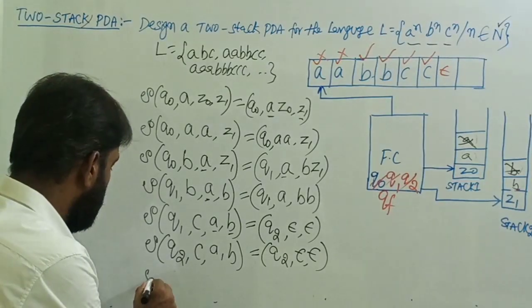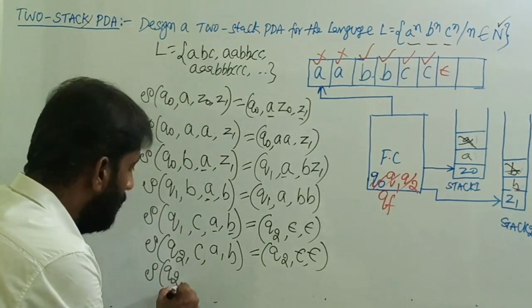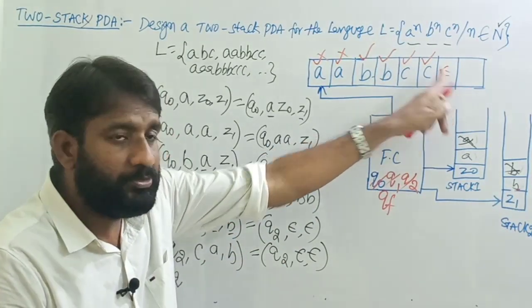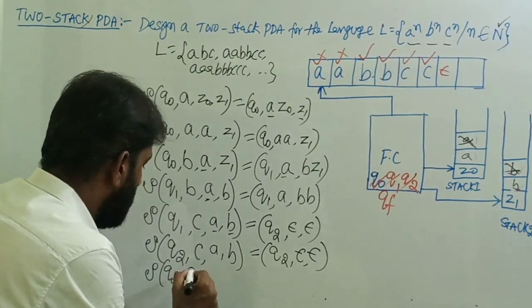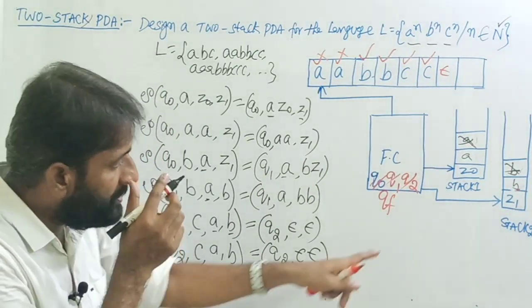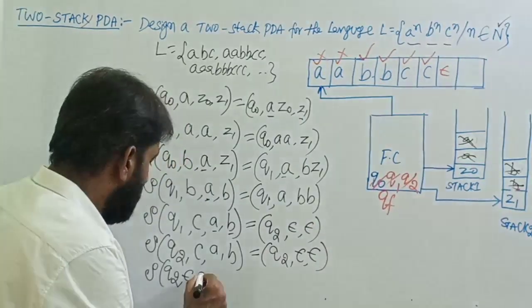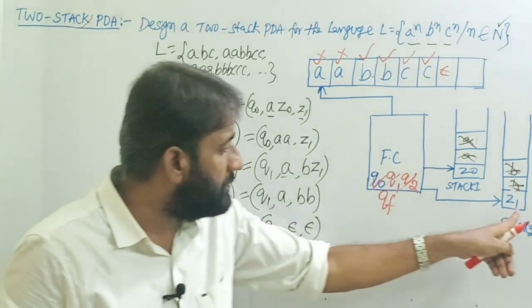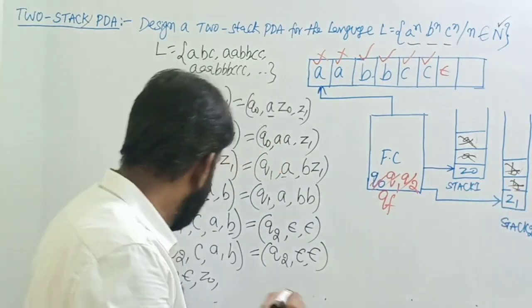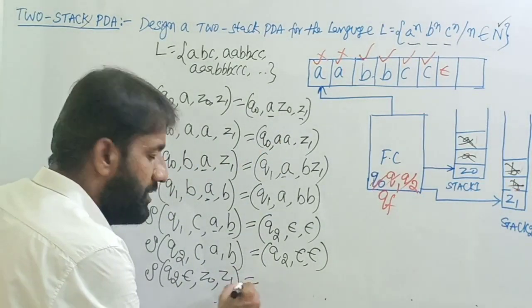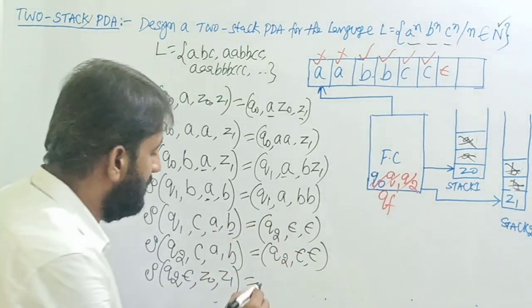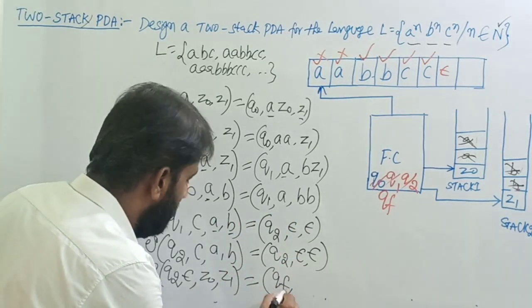Now transition of Q2, what is the input symbol? Epsilon only. So epsilon comma, after removing all this, what is the top symbol in stack 1? Z0 comma, what is the top symbol in stack 2? Z1. So don't do any operation in stack 1 or stack 2, simply move to the final state QF.